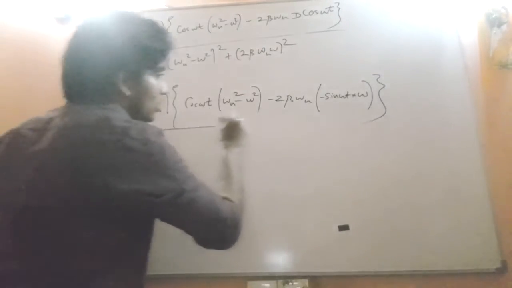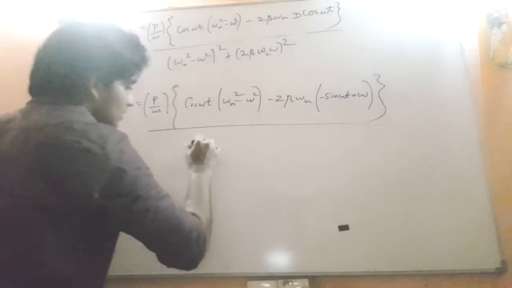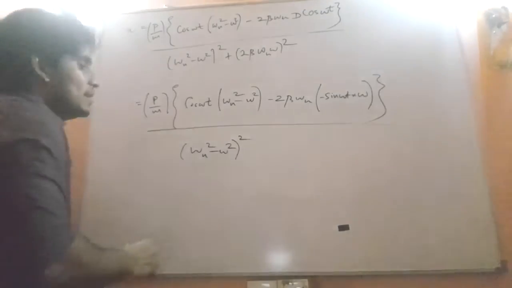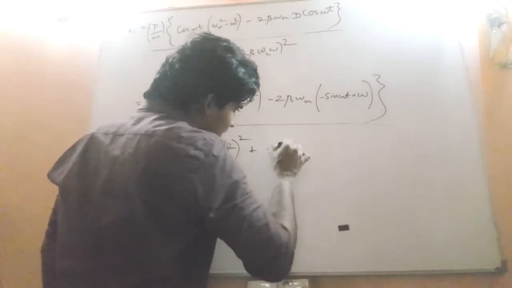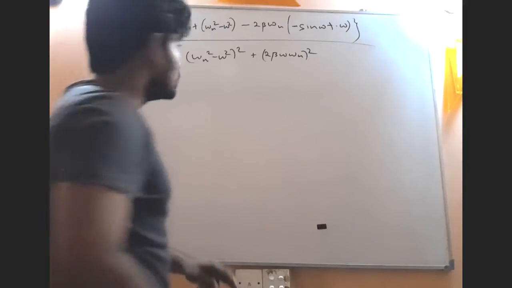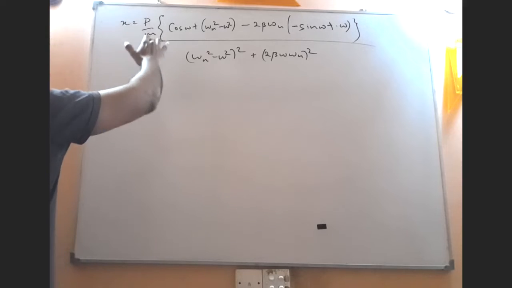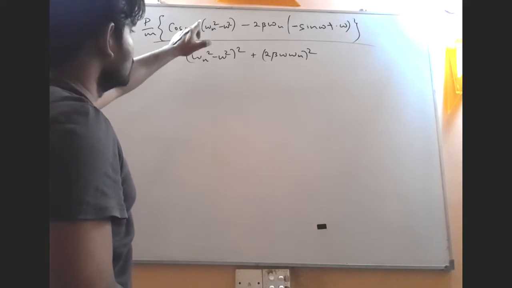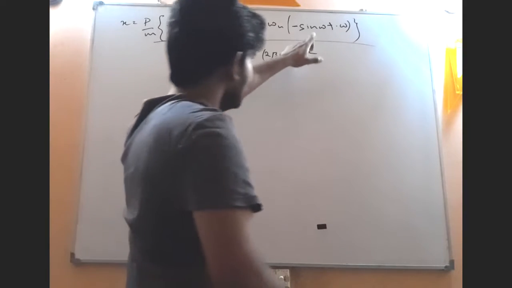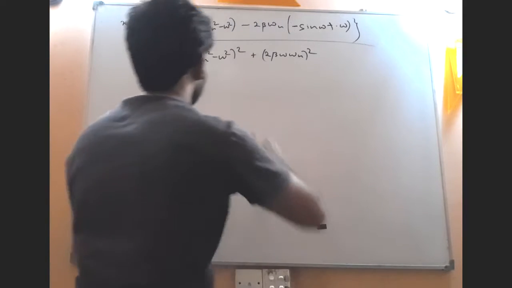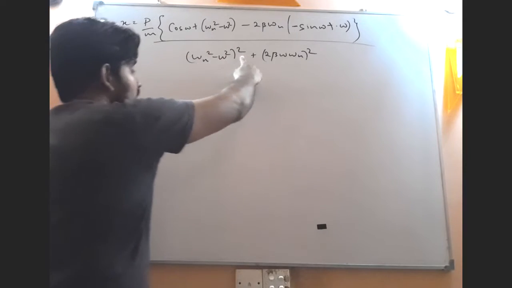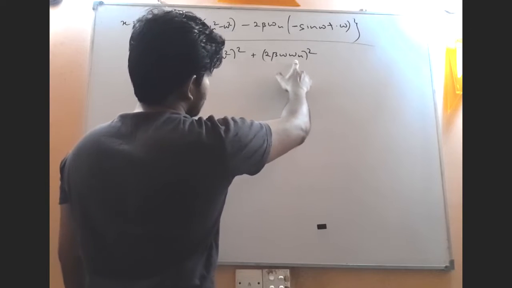And the denominator will be the same: omega n squared minus omega squared whole thing squared plus 2 beta omega n whole thing squared. So now we have x equals p divided by m cos omega t times omega n squared minus omega squared minus 2 beta omega n times minus sin omega t times omega, divided by omega n squared minus omega squared whole thing squared plus 2 beta omega n whole thing squared, right?